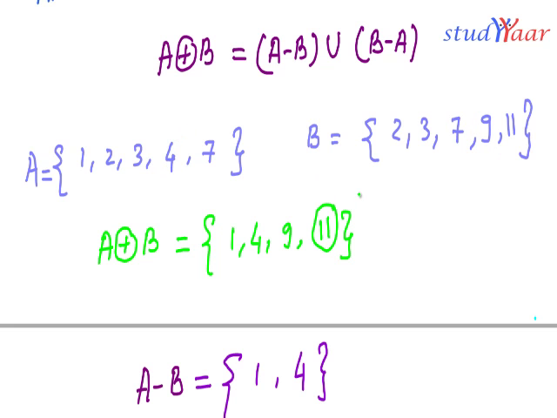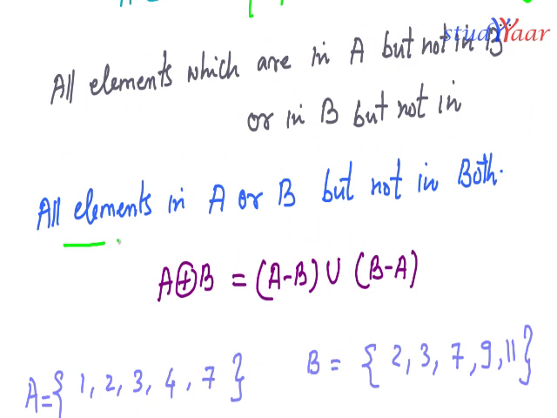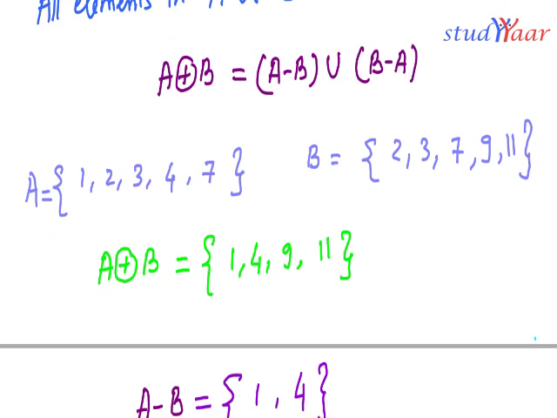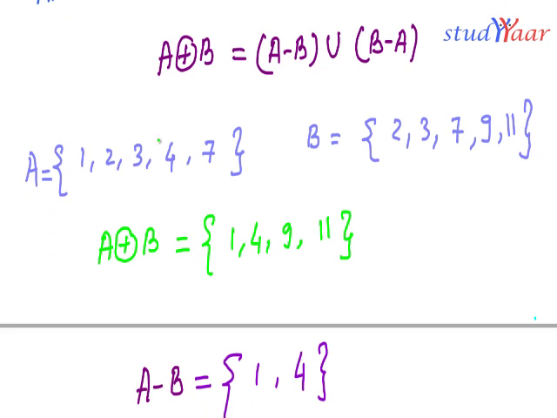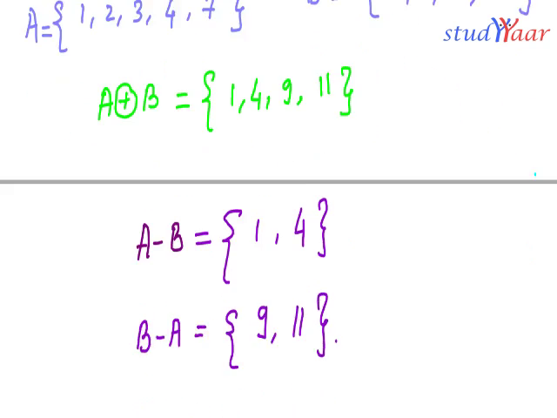And 11 is present in B but is absent in A, hence even 11 is not present in both. Therefore even this definition is correct, which says it contains elements present in A or B but not in both. Look, it does not contain 3 because 3 is present in both. And hence my definition of symmetric difference.